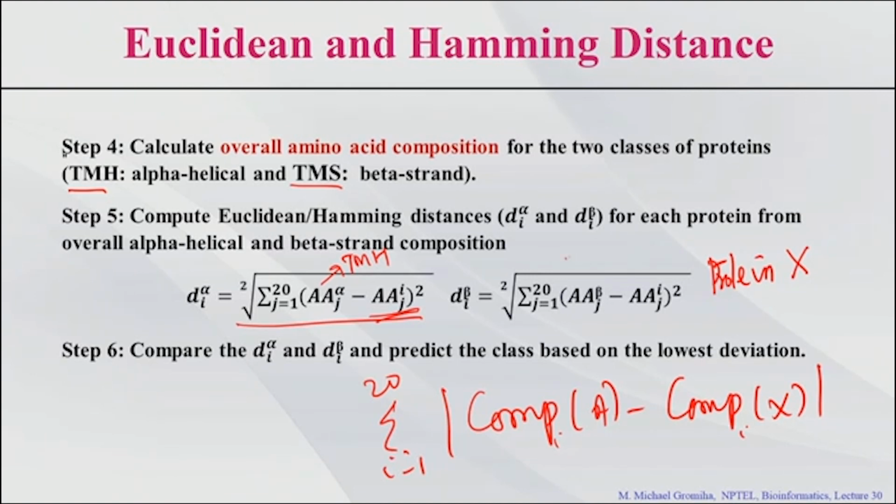Likewise you do it for the TMS and your query protein: get the difference, square it, sum up and take the square root. Then you will get d alpha I and d beta I.